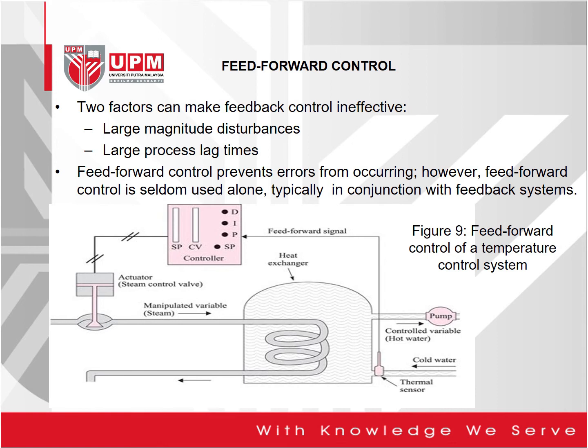One is large magnitude disturbance, and the second one is large process lag times. These are the factors that make the feedback control ineffective. Because of that, we introduce the feed-forward control.